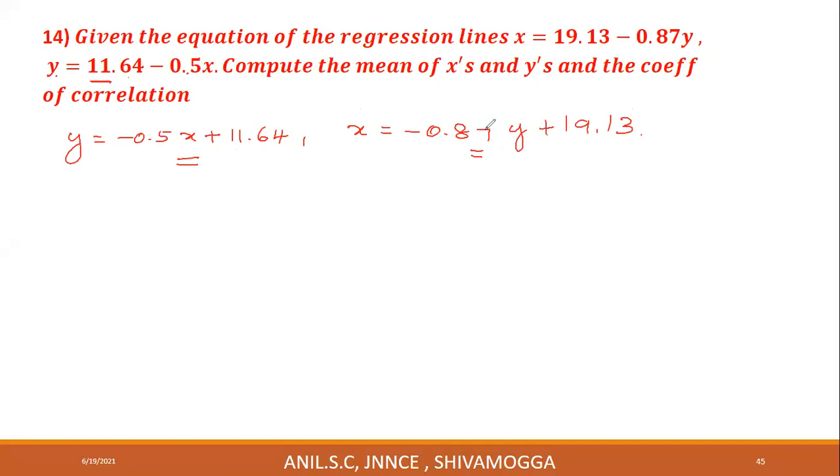And we know that regression lines pass through x bar and y bar. Therefore, this can be written as 0.5 x bar plus y bar is equal to 11.64.